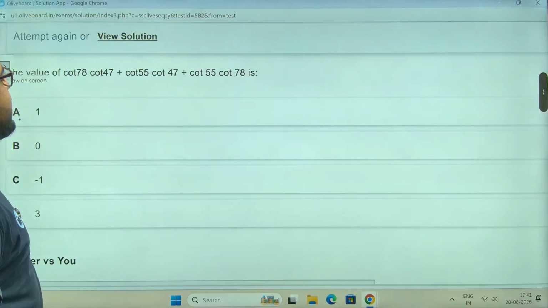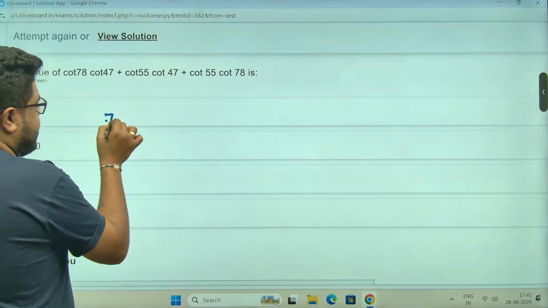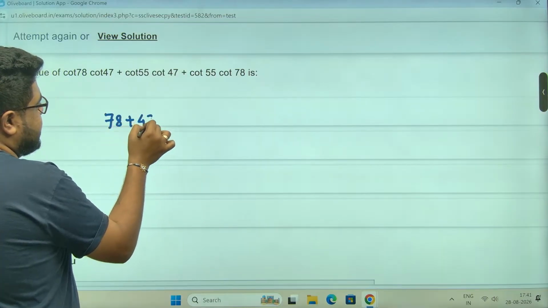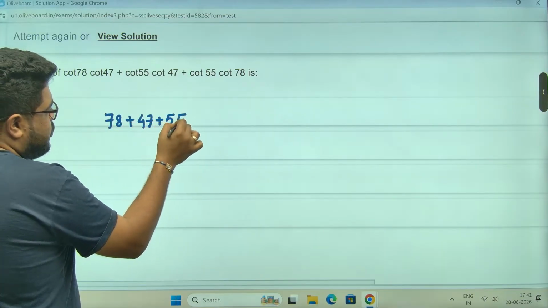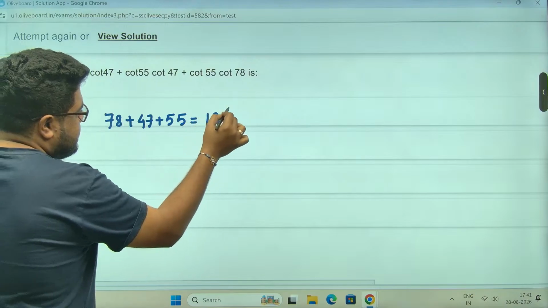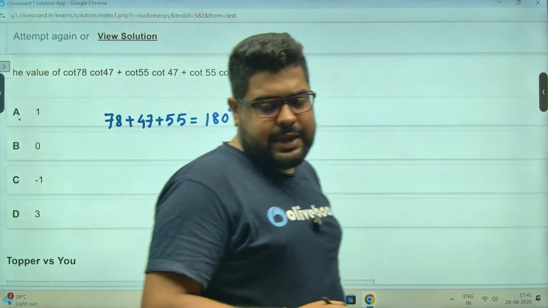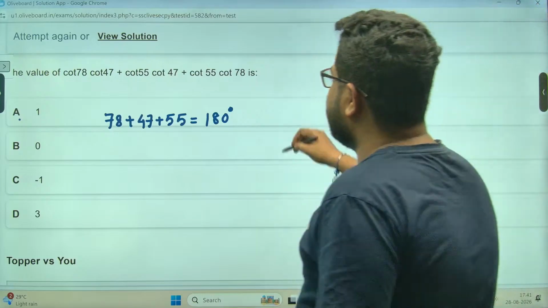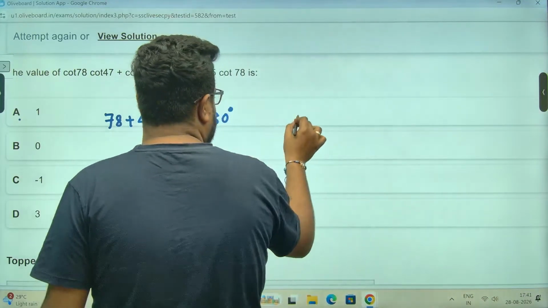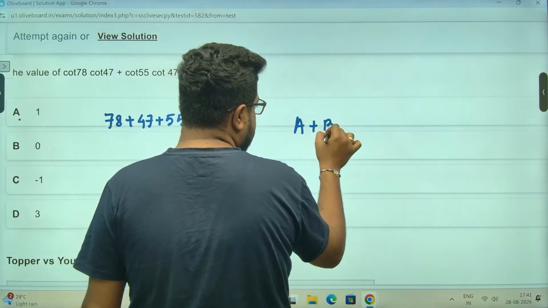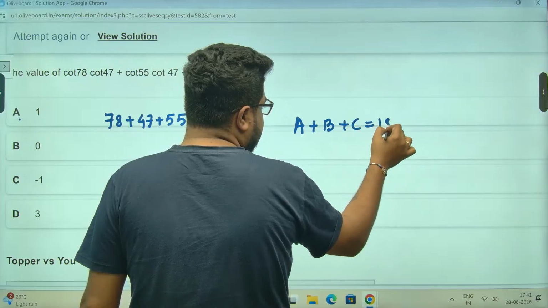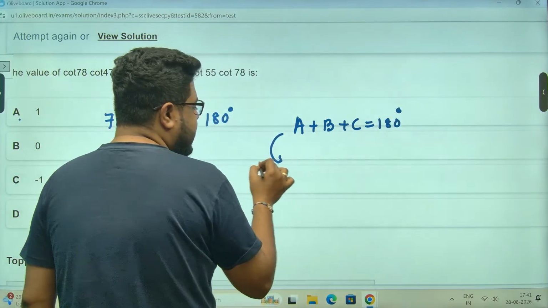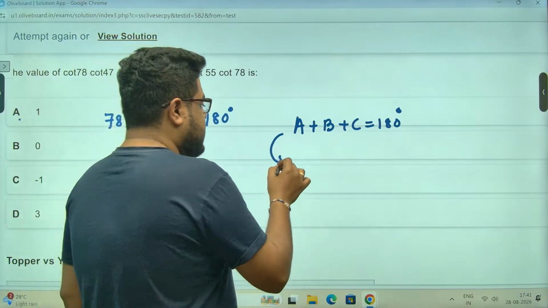This is cot A, cot B, cot A, sir. Please look at this: 78 plus 47 plus 55. Tell me how much this is. I can close my eyes and say this is 180 degrees. It must be. Why? Because A plus B plus C is equal to 180 degrees; I have shown you the proofs in my foundation batches.